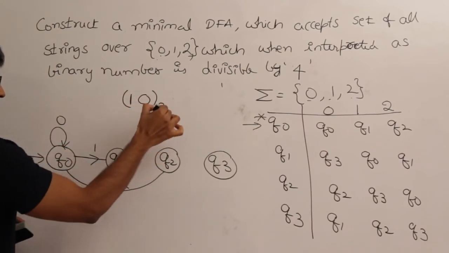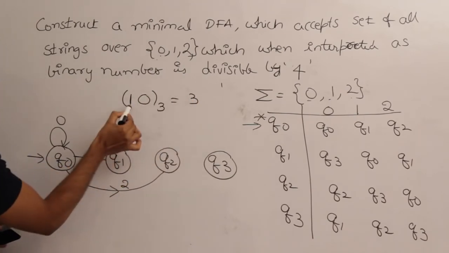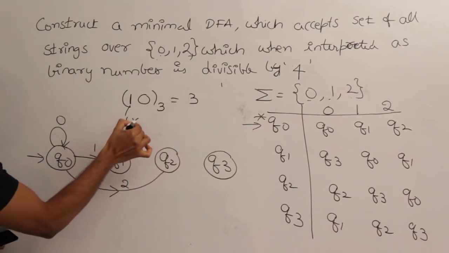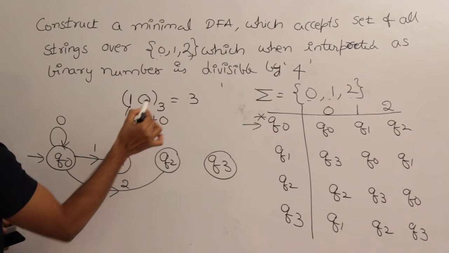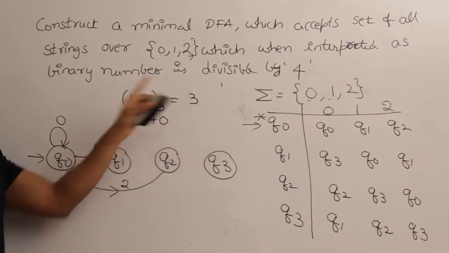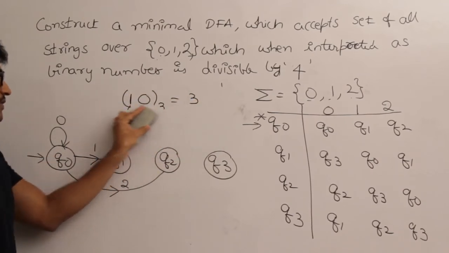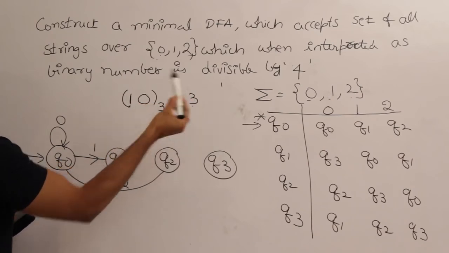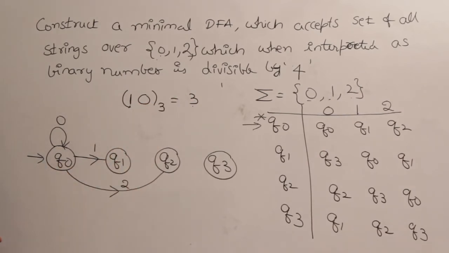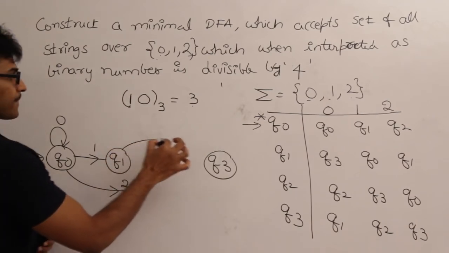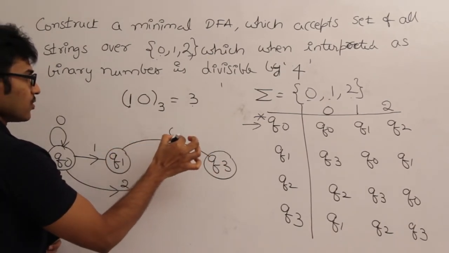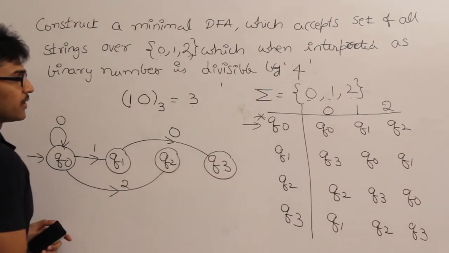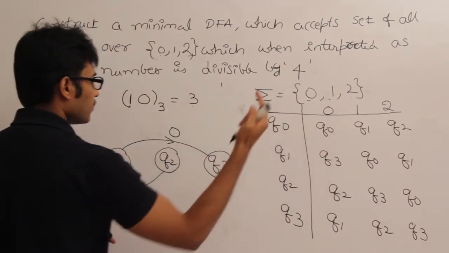This base 3 number is nothing but 3. How? Take 1, multiply by 3 and add 0. The final answer is 3, which means 10 in ternary is 3 in decimal. Therefore the remainder when divided by 4 is 3. So Q1 on 0 goes to Q3.